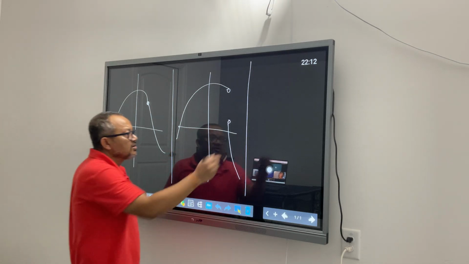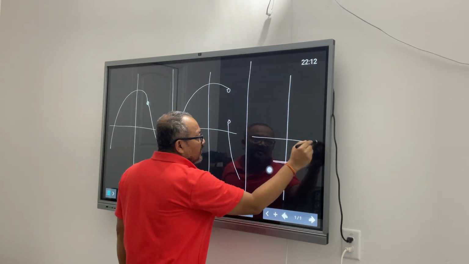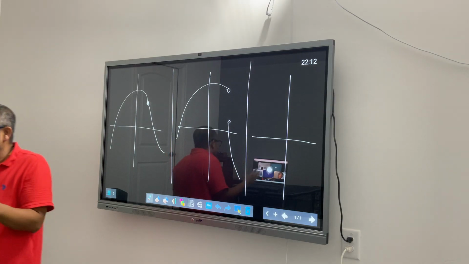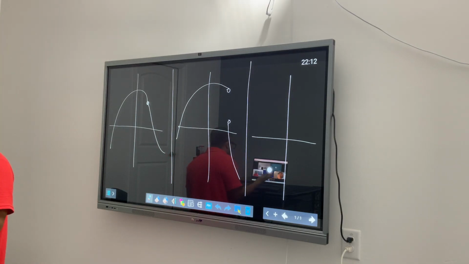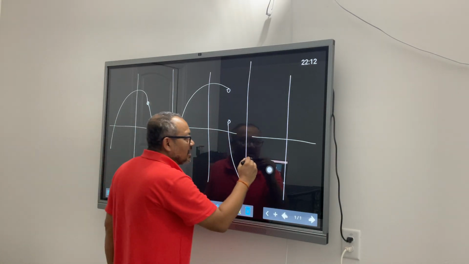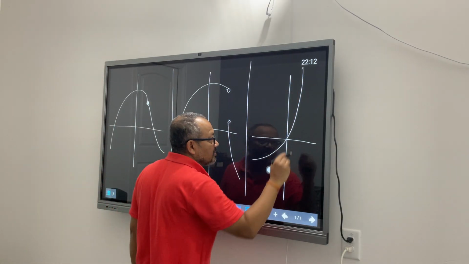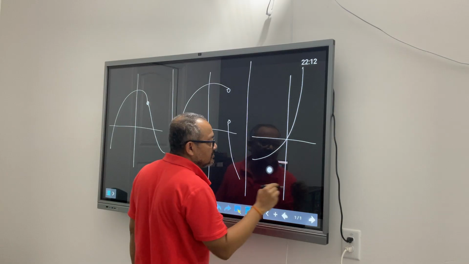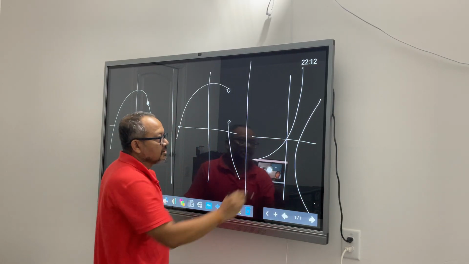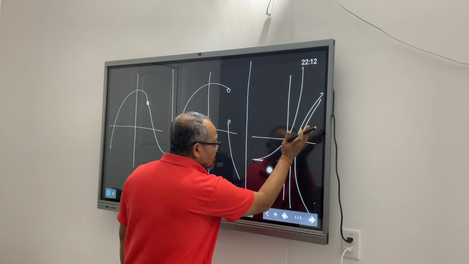And the third scenario we saw was Vedant's favorite one, asymptote. I mean that's my favorite topic as well, asymptote, right? Where your function becomes out of bound. Let's say this becomes out of bound.